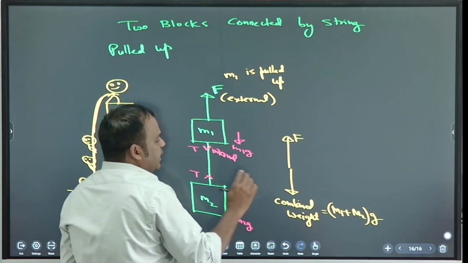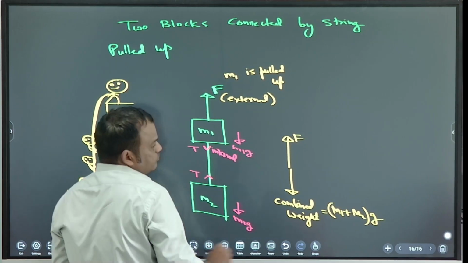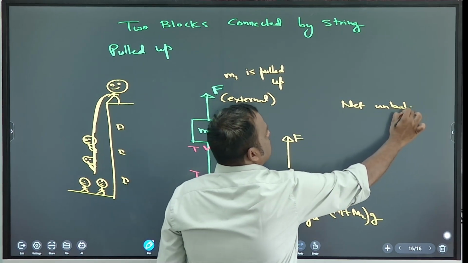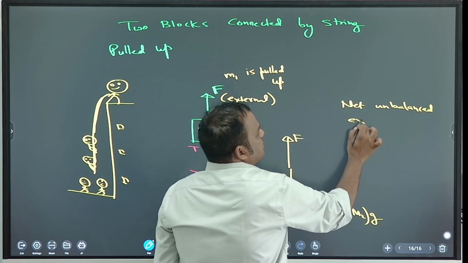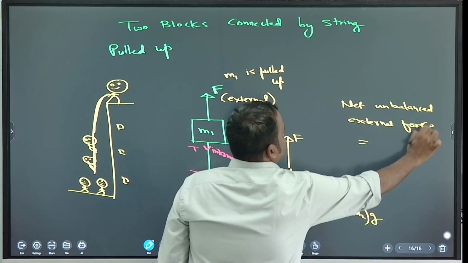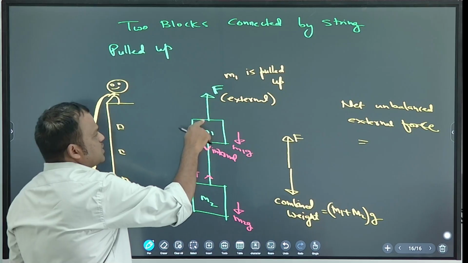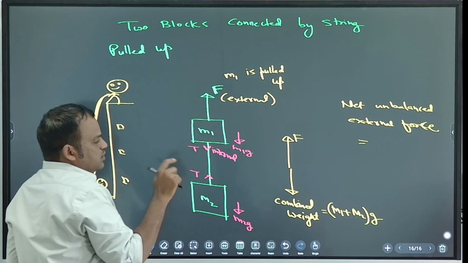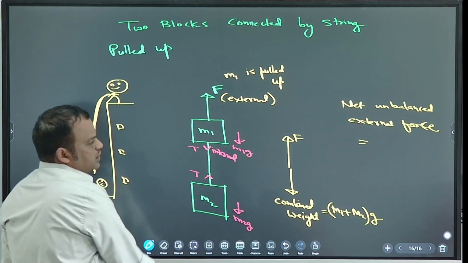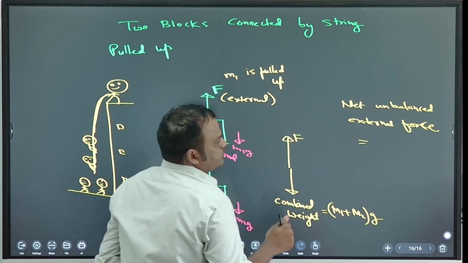So net unbalanced external force, Newton's second law, net external unbalanced force. One external force is F upward, second external force is combined weight downward. So what is the net external unbalanced force?